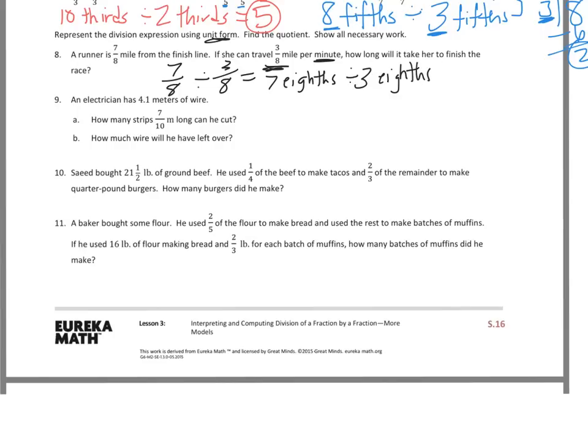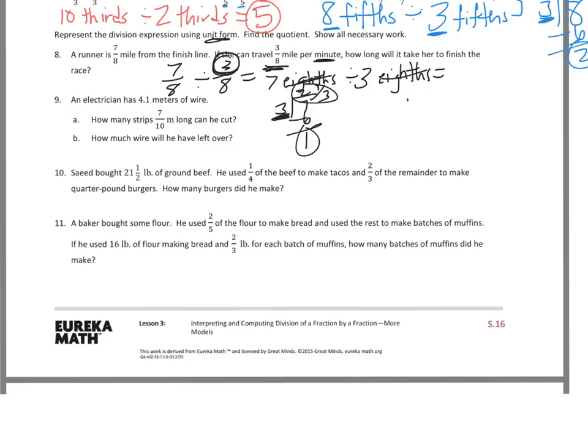And when I have common units, I can just look at the numbers, 7 divided by 3. And I would have to show my work for that one, because I know that that one is going to come out uneven. There's 1 left over, so I have 2 1/3, because that's the number I'm dividing by. That's my divisor, so it's got to be 2 1/3.